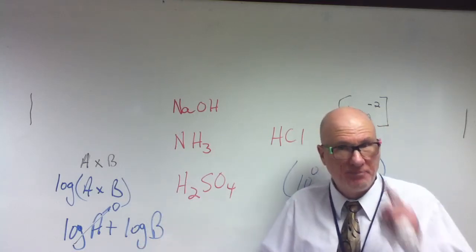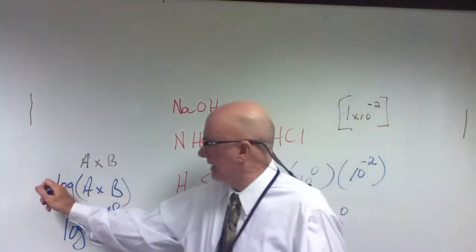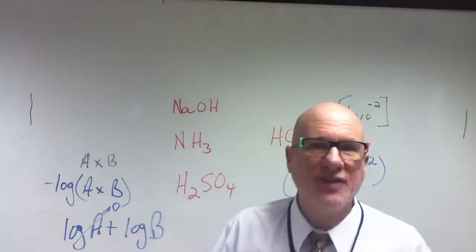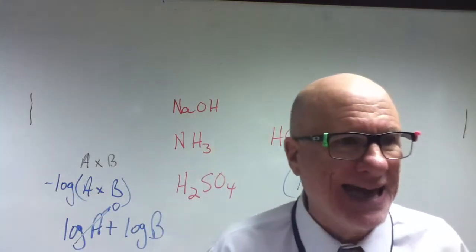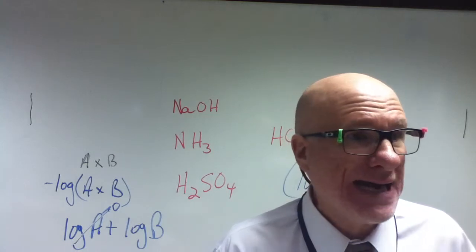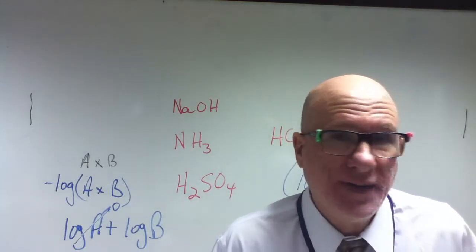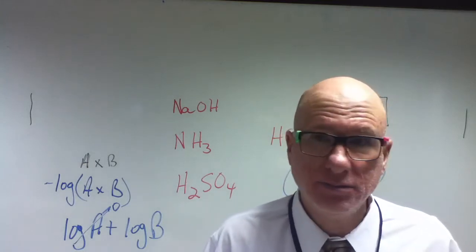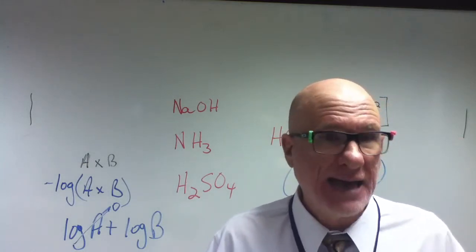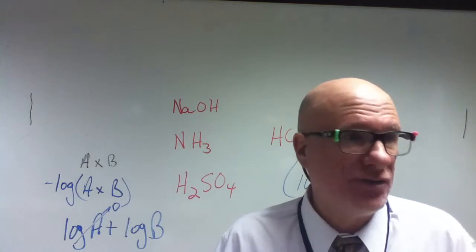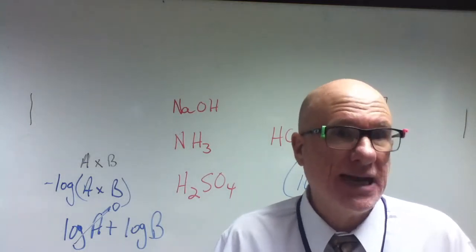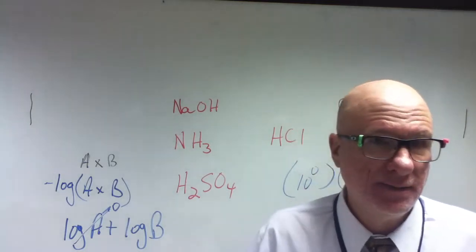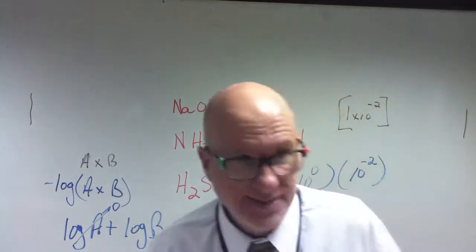Correct? But if I take the additive inverse of whatever I get, and I get negative 2, the additive inverse of negative 2 is 2. Negative times a negative is a positive, correct? You get it? Okay. That's the math.